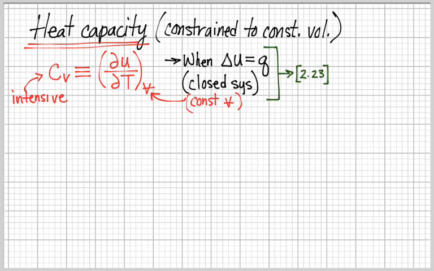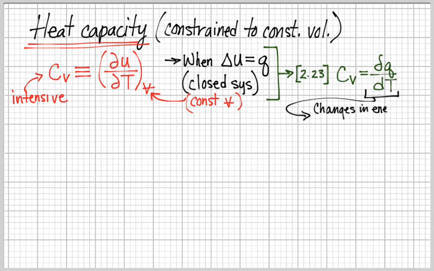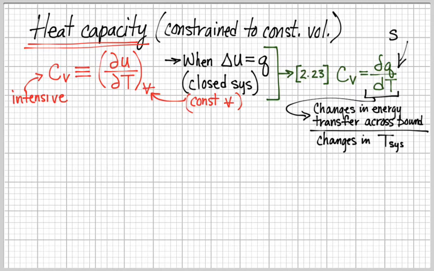Work is 0, and the internal energy is changing, and I can express that through equation 2.23 because I have du equal to q. Turn that from an integrated form into a differential form, and I'm going to have du equal to dq.